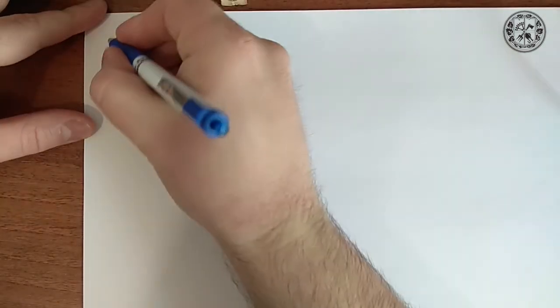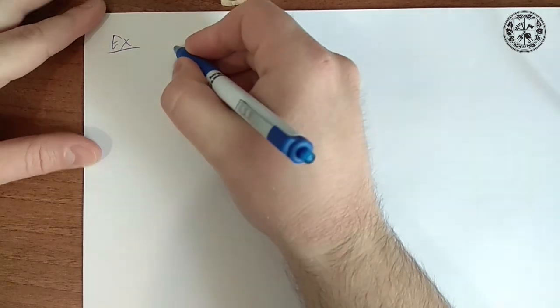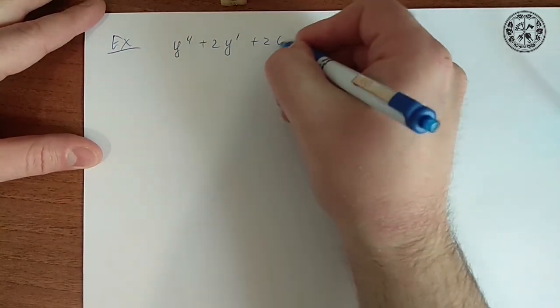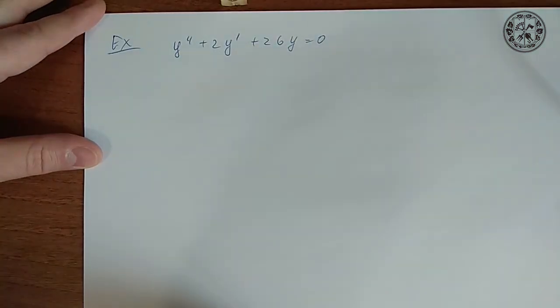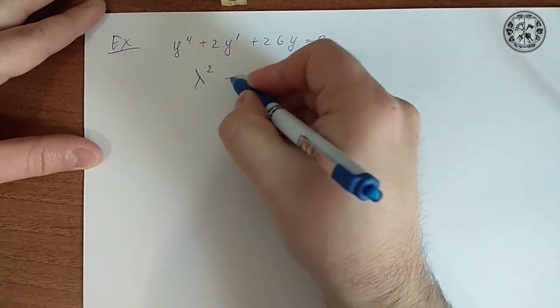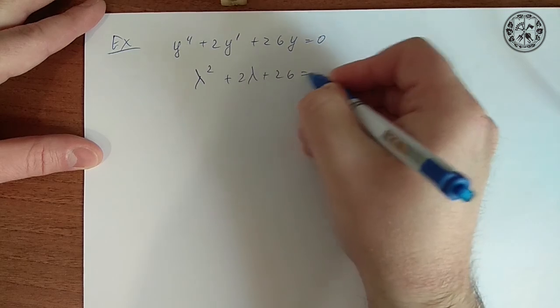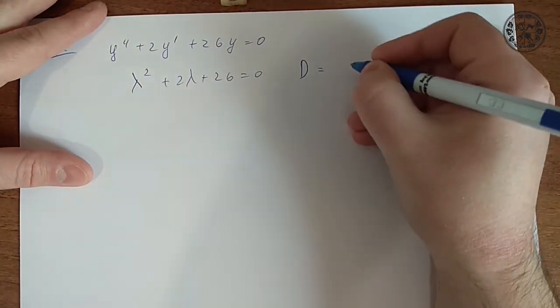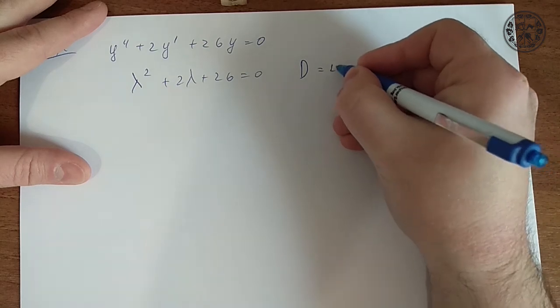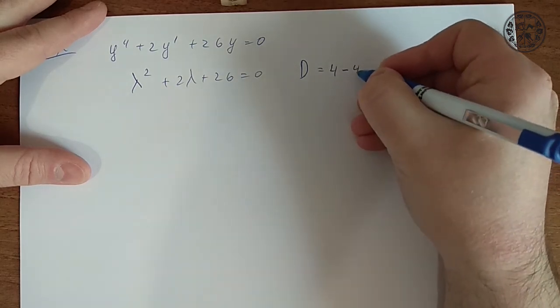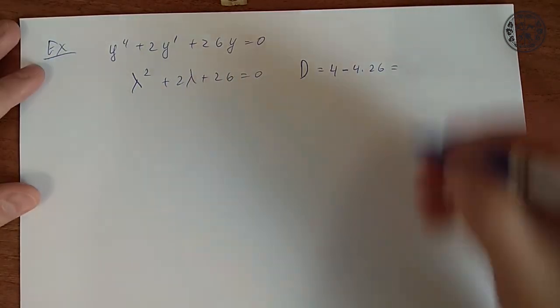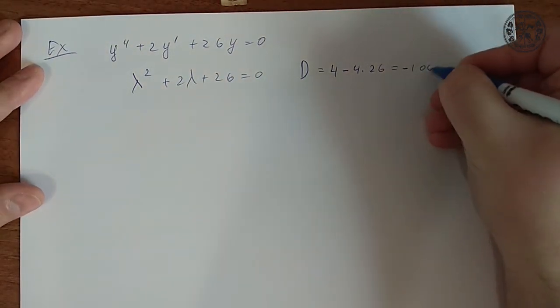Another example. Y double prime plus 2y prime plus 26y equals 0. Then lambda square plus 2 lambda plus 26 equals 0. Let us solve this equation. We will have 4 minus 4 by 26, which will be 100 minus 100.